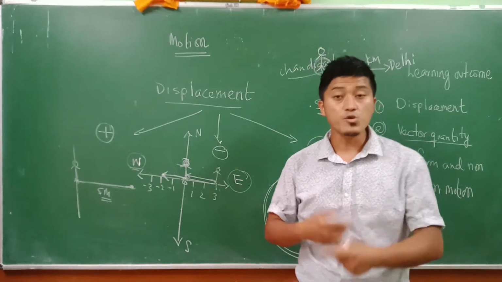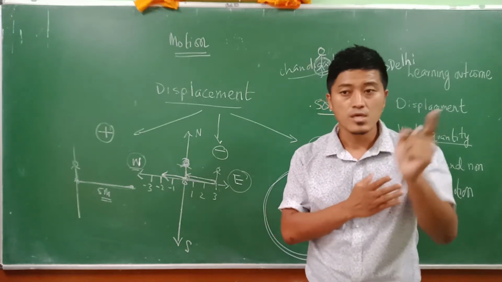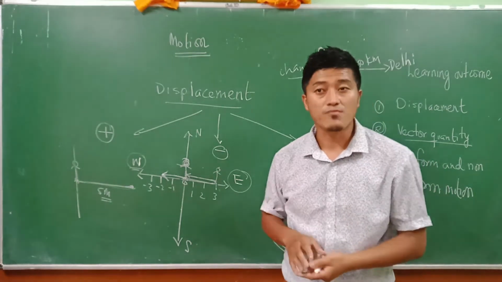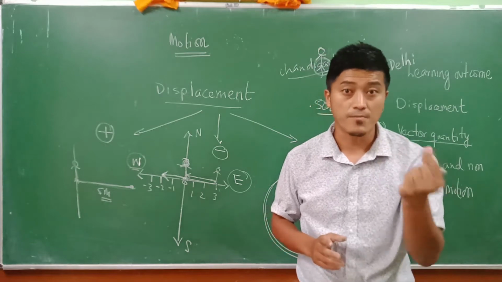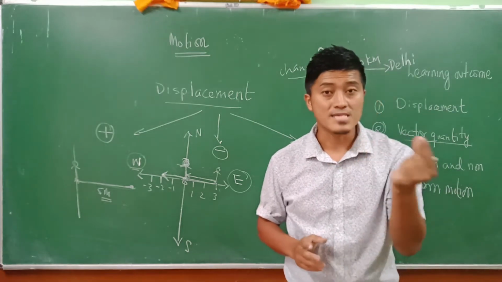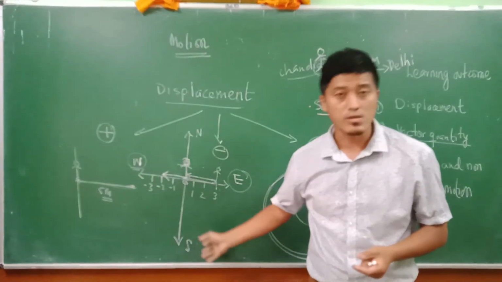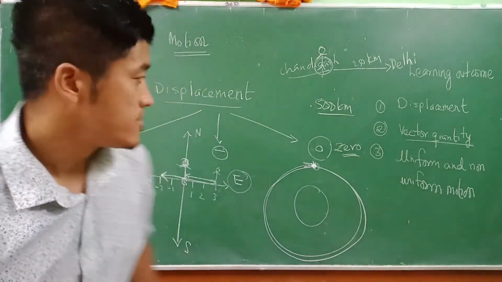That means I'm giving you clear information about where he is moving, that is, towards the north. A dog is covering a displacement of 300 meters towards the south. So I'm giving you both the magnitude as well as the direction of displacement. That kind of situation is what we call a vector quantity. This is another kind of quantity.